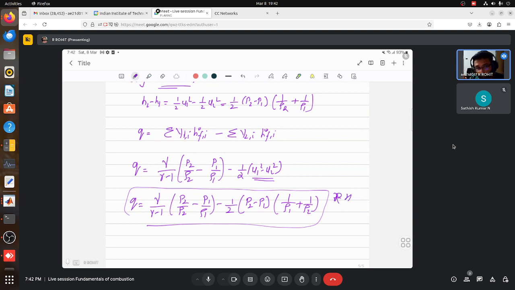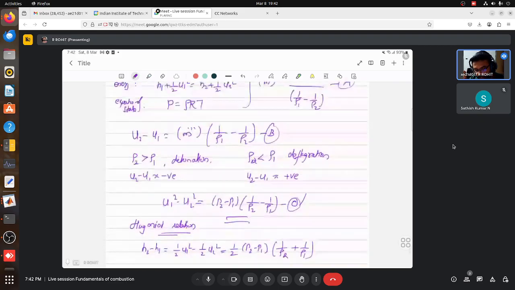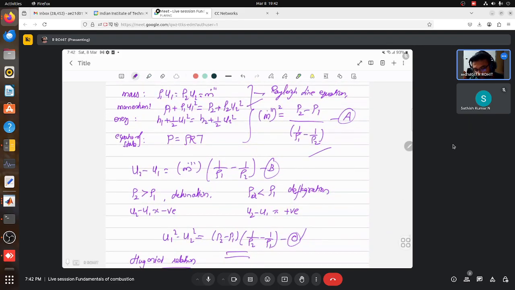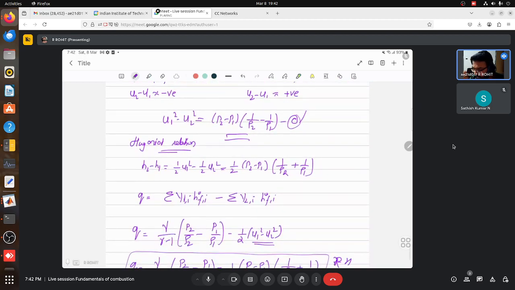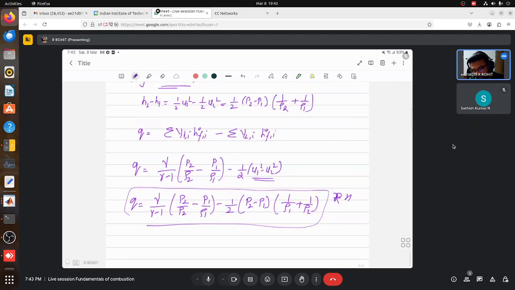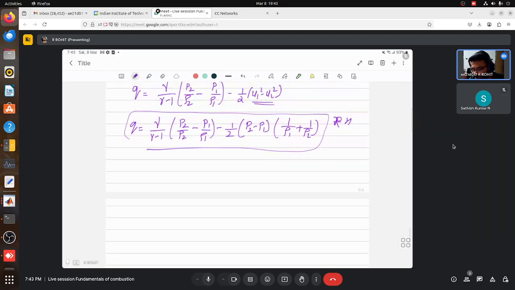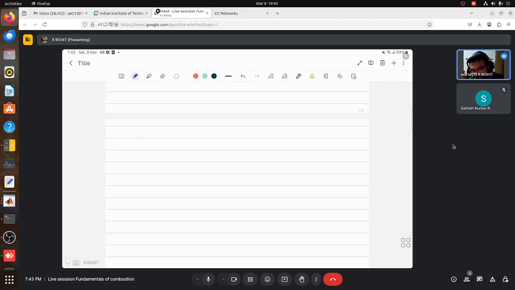And you got the Rayleigh line from the equation of state that you have plotted here. And now with increase in the mass flux, the slope changes. You might have seen how the Rayleigh line is drawn, and how the slope values change with change in the equivalence ratio.